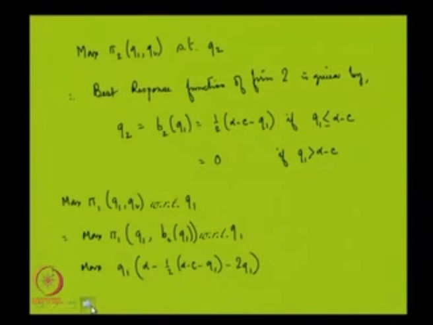This is going to be maximized by the first firm with respect to Q1, and if it is maximized, then we shall get the following value of Q1 from the first order condition.